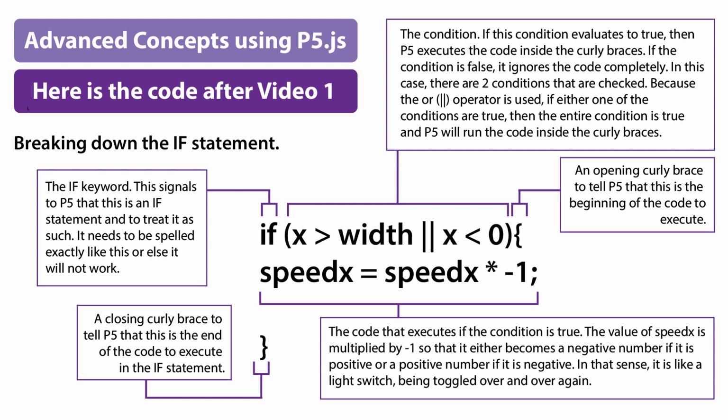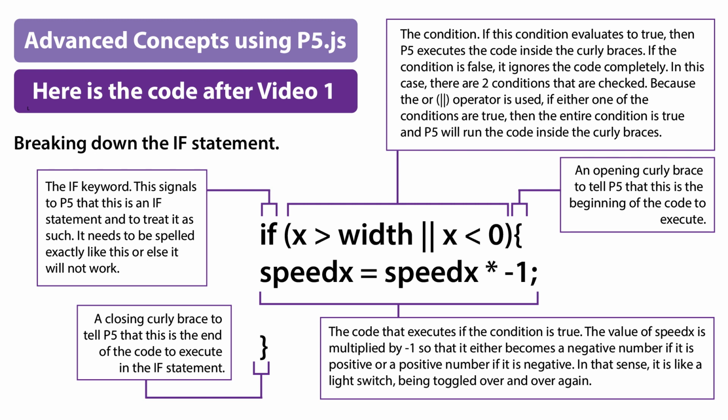So what's happening is that we start the if statement with the keyword if. And so the condition is what we're looking at. This is what we're testing. If the value of x is greater than the width, which is 700, or, so the two lines mean or, the value of the x variable is less than 0, then we want to execute the code that's inside the if statement.